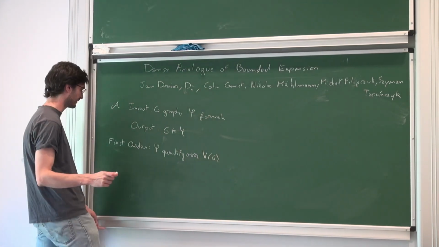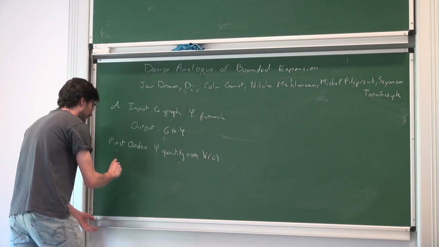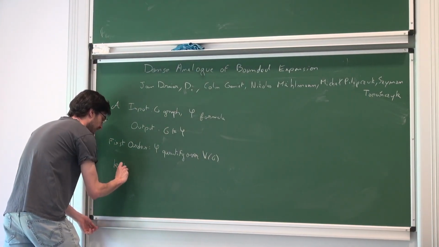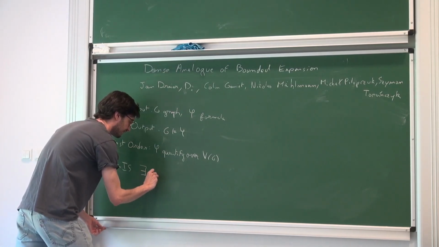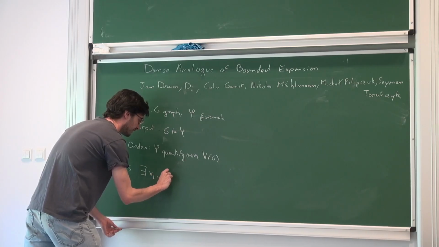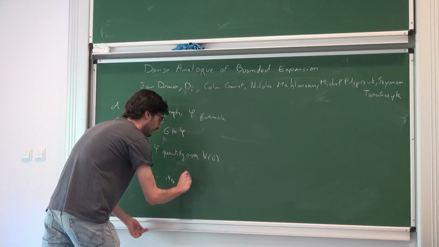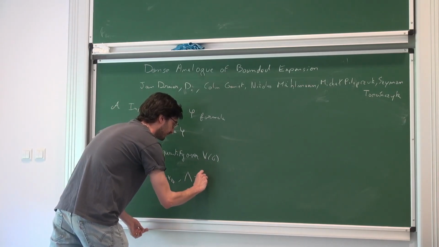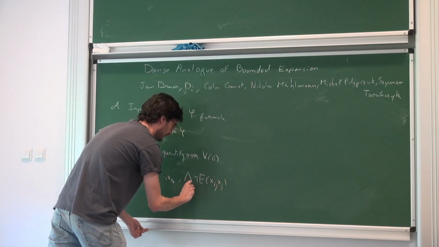Okay, so what's an example for that? The most common is, I would say, k-independent set, which is the existence of vertices x1, ..., xk such that there is no edge between them, for any pair xi, xj.